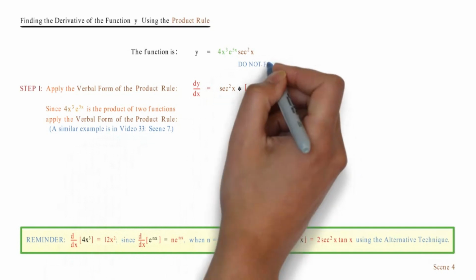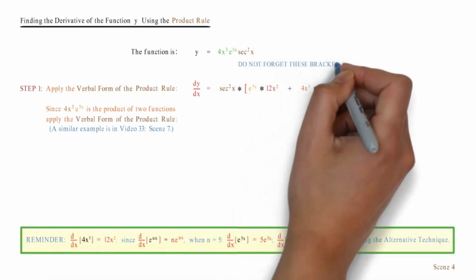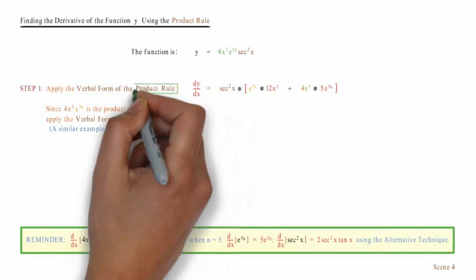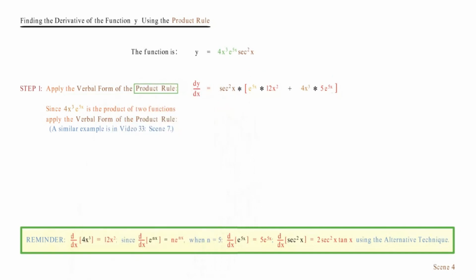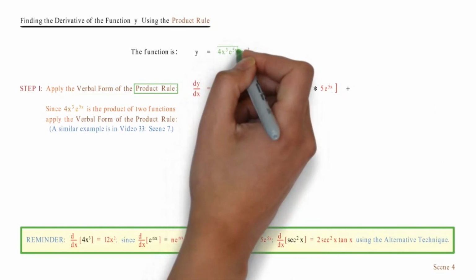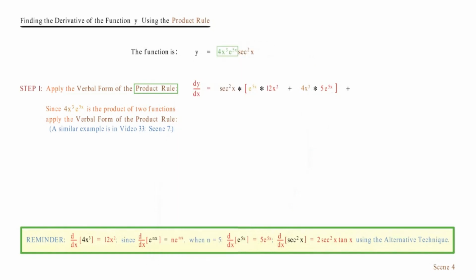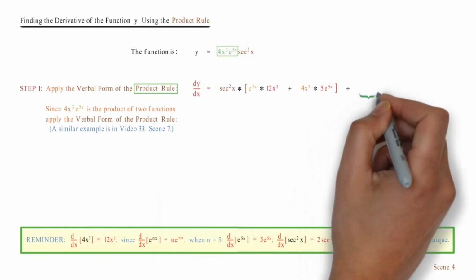Do not forget these brackets. Now continue with the first product rule. Plus is plus. The first function is 4x cubed e to the 5x, so substitute.